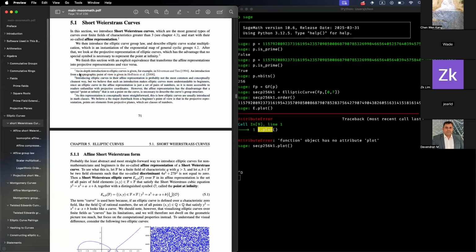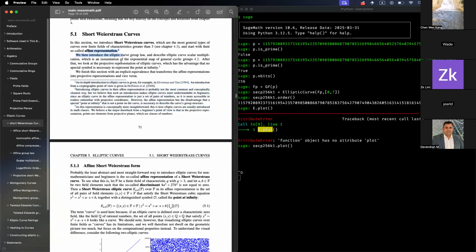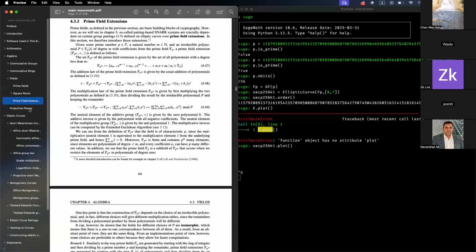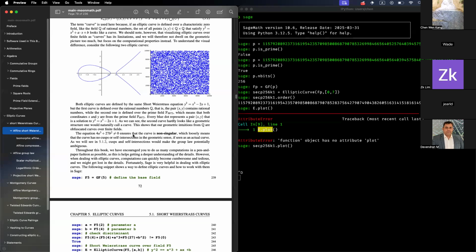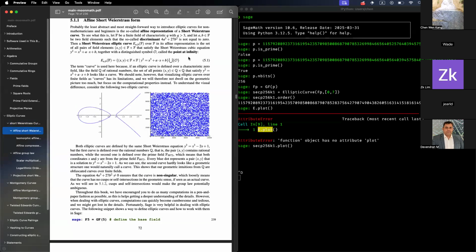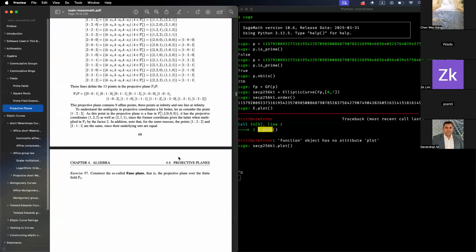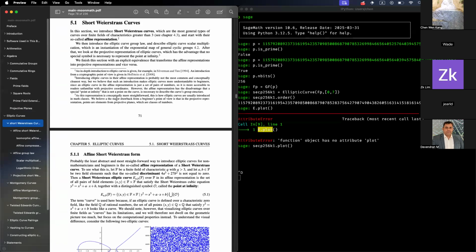So an affine representation basically does not concern itself with the points at infinity like the projective planes, whereas if you use the projective representation, it will include that, I believe. I believe that's why we talk about affine form: it's just saying this specific function with a point at infinity that we can just use, rather than having this entire projective plane. I believe that's the other representation I was thinking about prior to this.